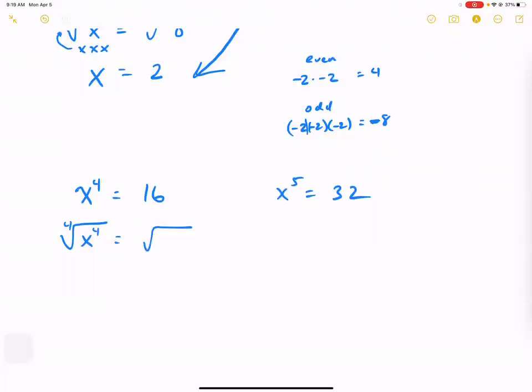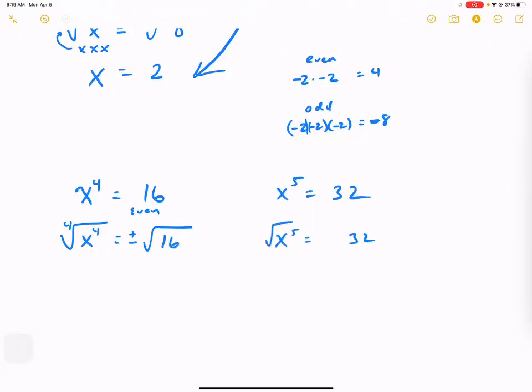I'm going to copy that to both sides. But since this is even, I need to make sure I include a plus and minus. Because even exponents get rid of that negative sign. That negative, negative, negative, negative becomes positive. So one of our answers could be negative.